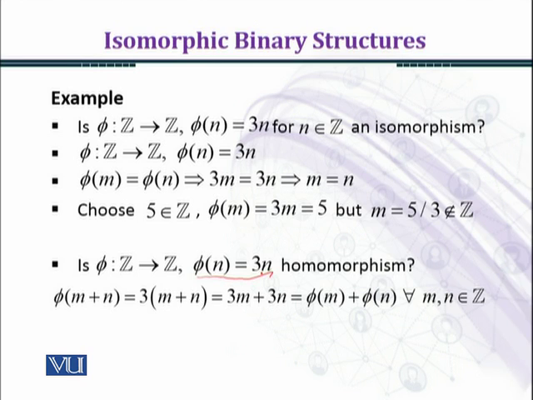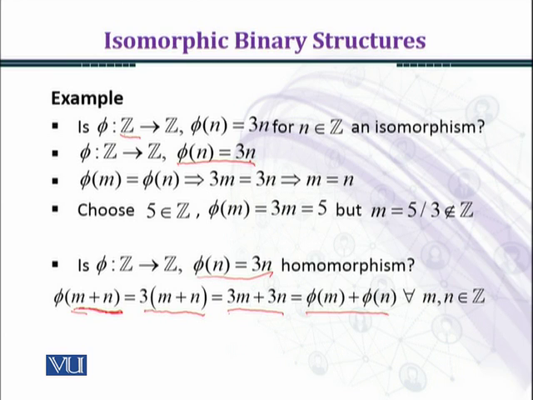To check the condition of homomorphism, we shall take two elements m and n in the domain Z and we add them and then we shall apply phi over this and we shall get by definition 3 times m plus n within bracket, and by distributive property of real numbers we shall obtain 3m plus 3n which is equal to phi m plus phi n by using the definition of phi in the reverse direction for every m, n belonging to Z. So in this way we see that phi is a homomorphism but phi is not an isomorphism.